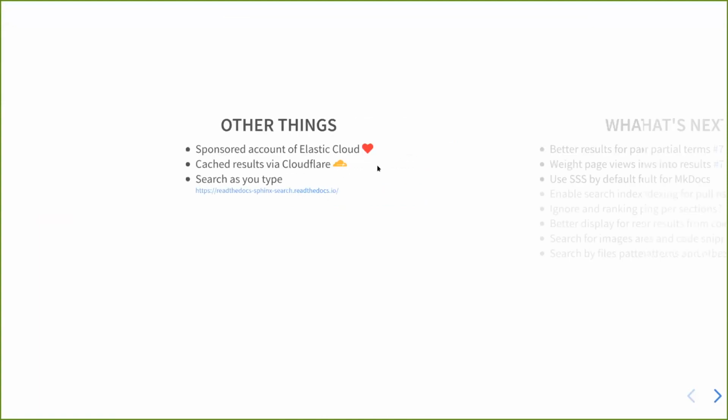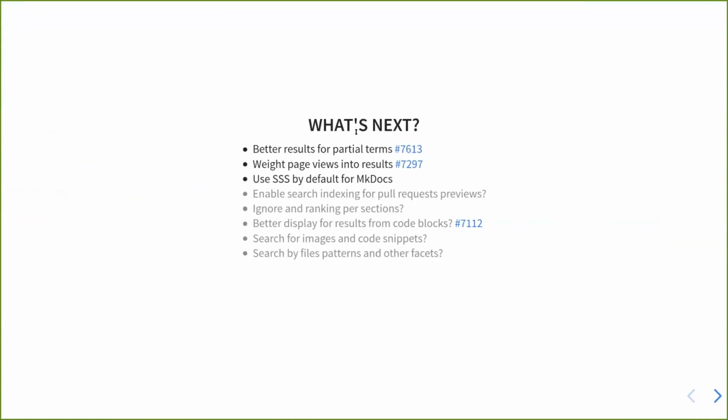Okay, and now what's next? Obviously, we will need to improve the results for partial terms, with this PR that was already open. We're also considering using the number of page views in the results. This is obviously also done with the dependency script.